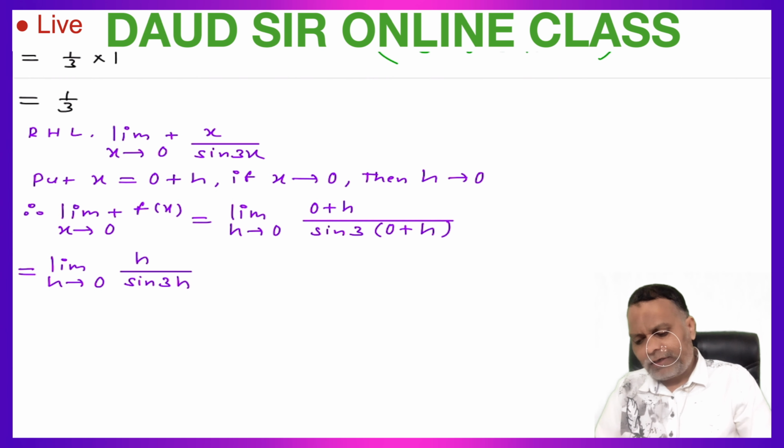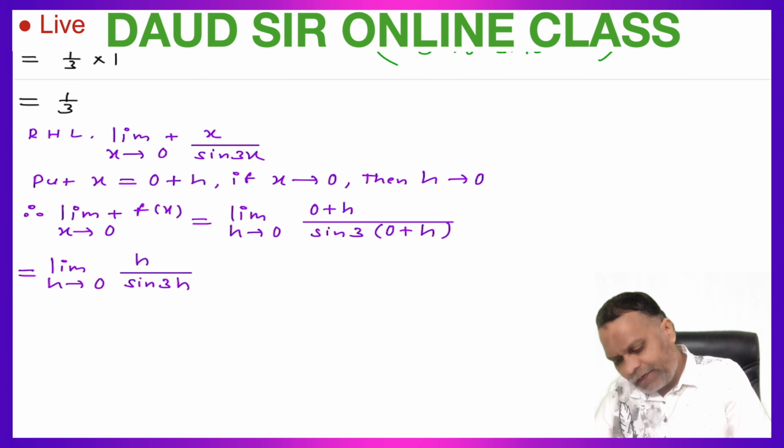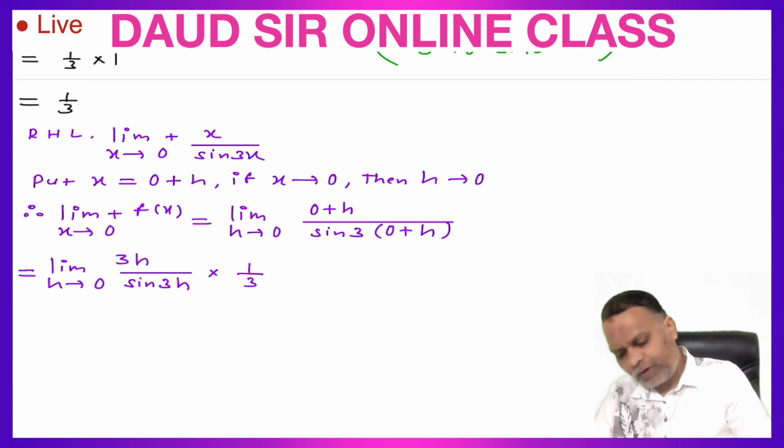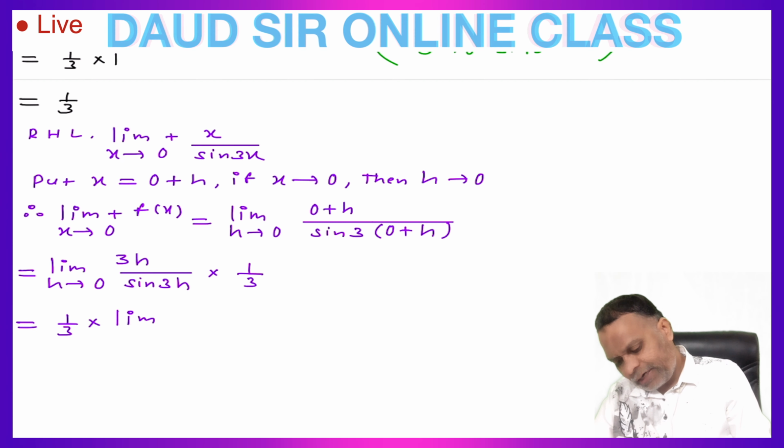For making the limit, multiplying and dividing by 3, this 3 into 1 upon 3, 3 cancelled, again we will get the same thing, which is equal to 1 upon 3 outside the limit, into limit h tends to 0, 3h upon sine 3h.